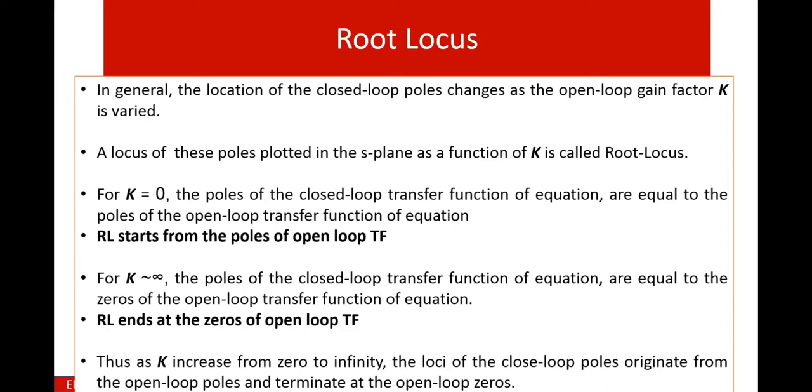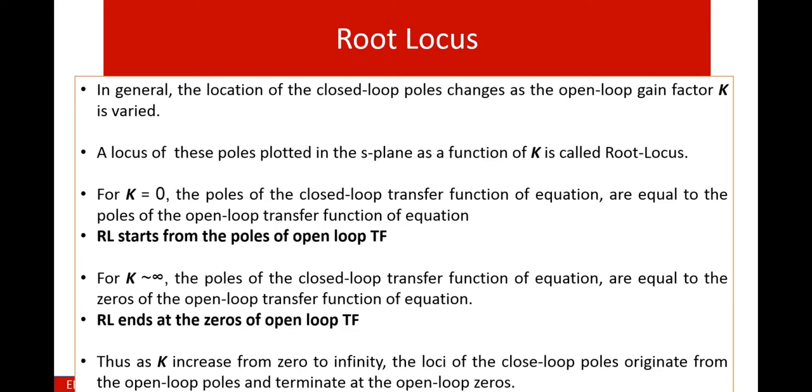And in terms of the closed loop transfer function, if we change the value of k from 0 to infinity, then the path, the line, is changing from the closed loop poles and ends at the open loop zeros. Similarly, we can say it starts at the open loop poles and terminates at the open loop zeros.